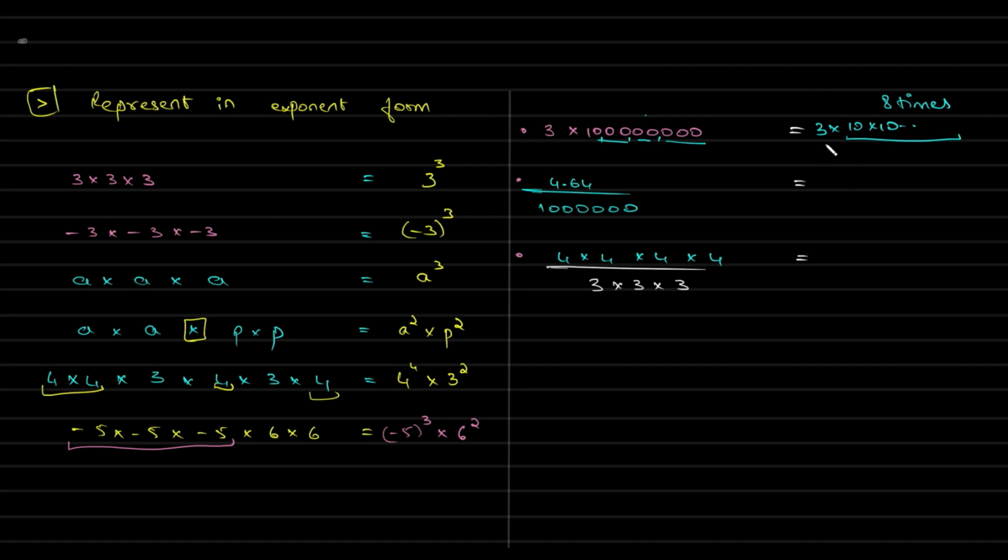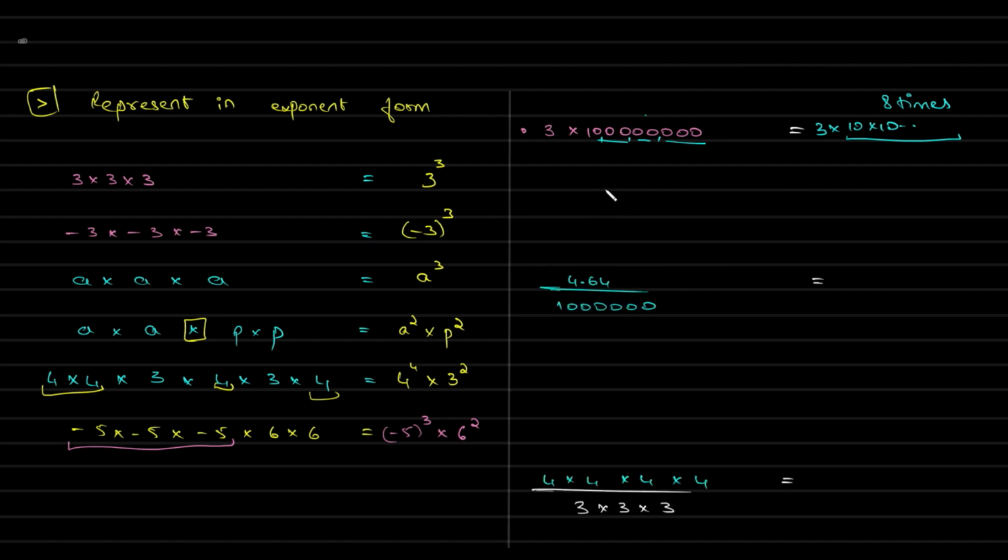Let me make some space because I'm not happy with the space. Okay, now I'm happy. So basically I can write this as 3 into 10 into 10 into 10 into 10, 4 times, 5th, 6th, 7th and 8th.